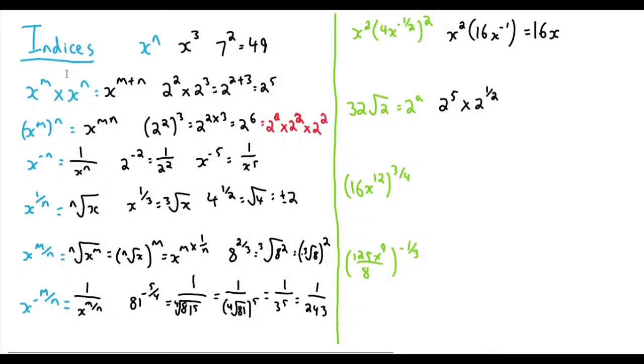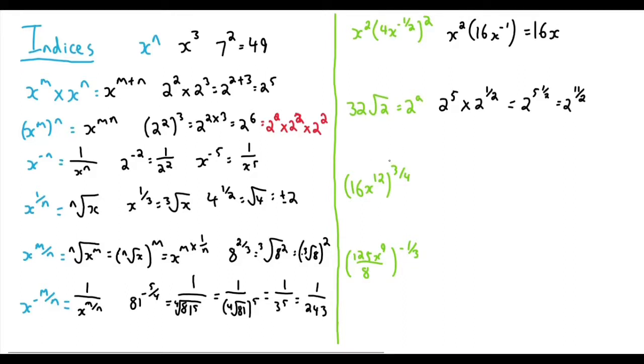So then, back to this first rule here, where we times two of the same base number together, you're going to add the powers, so you end up with 2 to the power of 5.5, or if you prefer, you can write that as an improper fraction, 2 to the power of 11 over 2. That being then what a was.